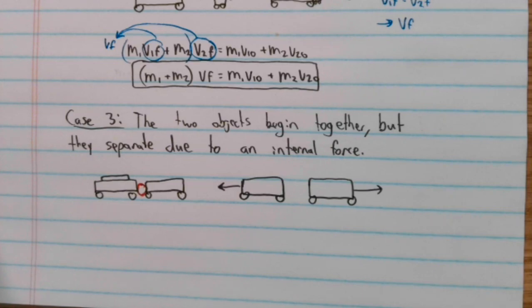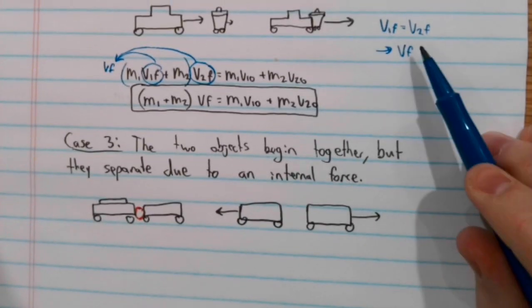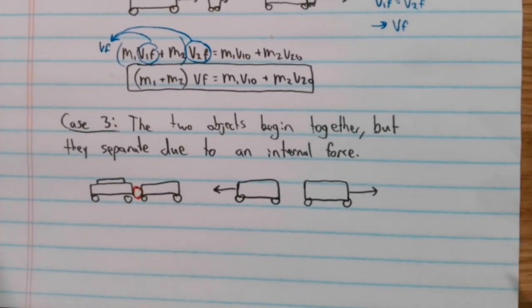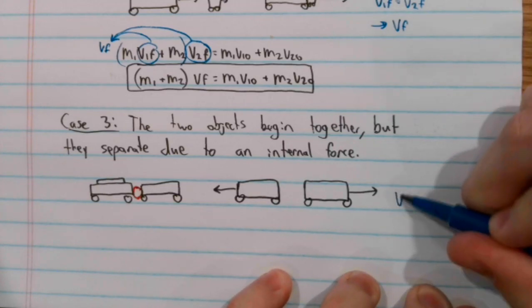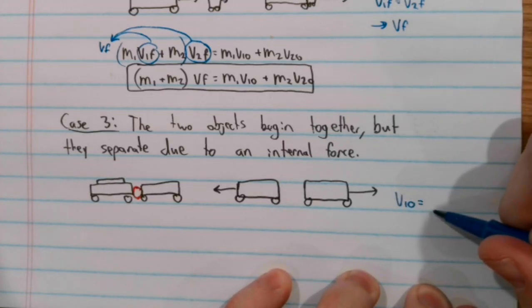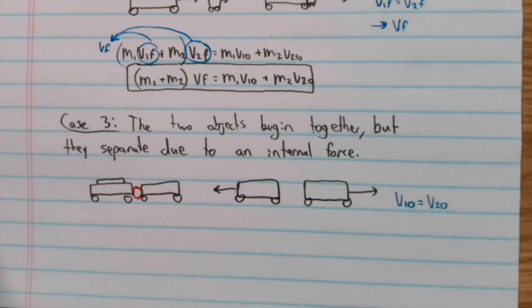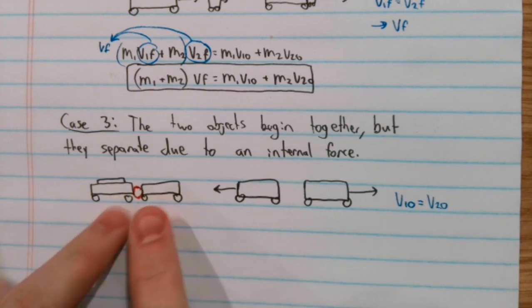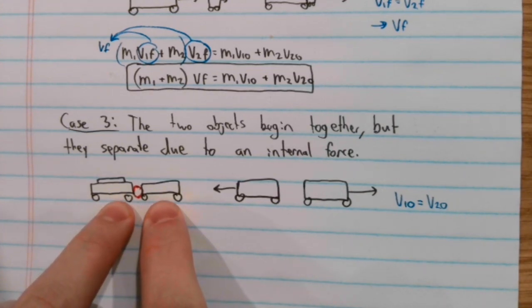The situation here is quite similar to this, but instead of the final velocities being the same, the initial velocities are the same. So V1 initial and V2 initial are the same. In this case, both velocities are 0, but that doesn't really need to be the number.